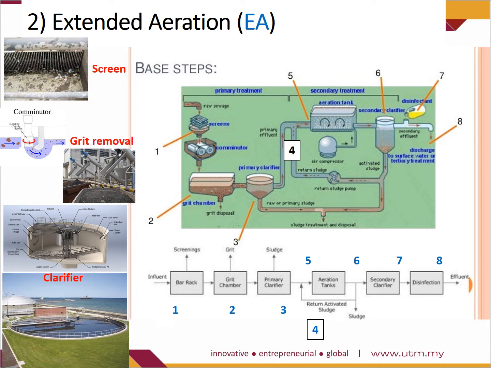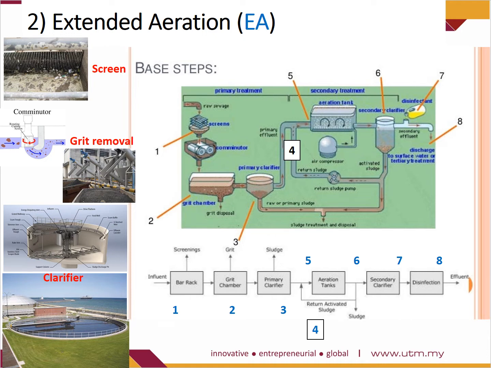And then it will come to the primary clarifier. It looks like this, the structure and the outlook of the clarifier, where there is an arm that will keep on rotating to do the kind of centrifugal forces to sediment the sludge, to facilitate sludge treatment and removal.